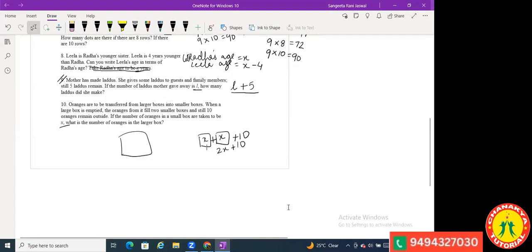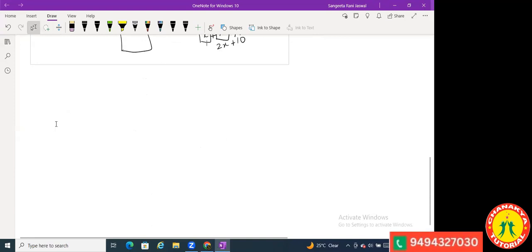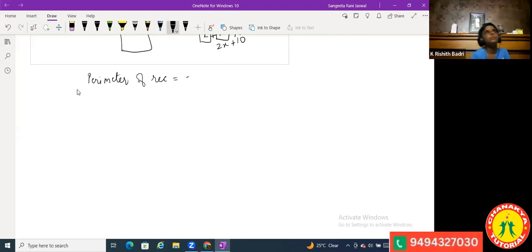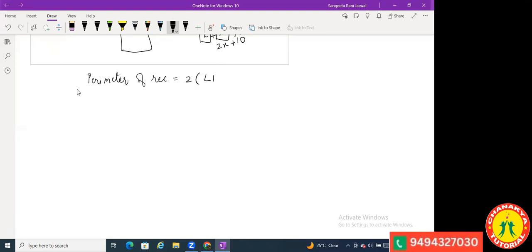When you were writing the formula for a perimeter, suppose the perimeter of a rectangle, what were you doing? Perimeter of a rectangle: 2 into (L plus B). So this L and B were all variables.